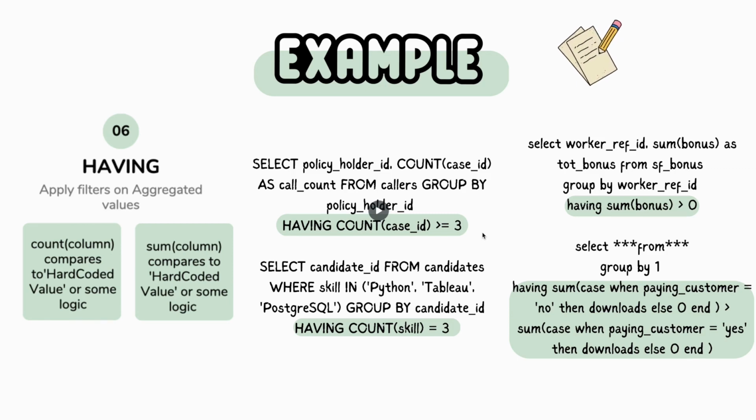I'm calculating the count of cases each policy holder has raised, and once that aggregation is done, I want to apply a filter on it. I am not applying the filter before aggregation, I have to apply it after aggregation. So I am using having count of case ID greater than or equal to 3. I am applying a filter on my aggregated data. It is not necessary that whatever function I use in the select, I have to use the same function in the having clause. It can be different as well.